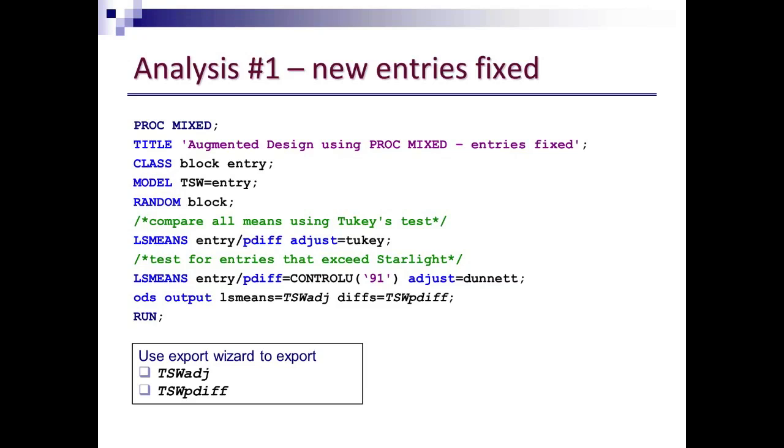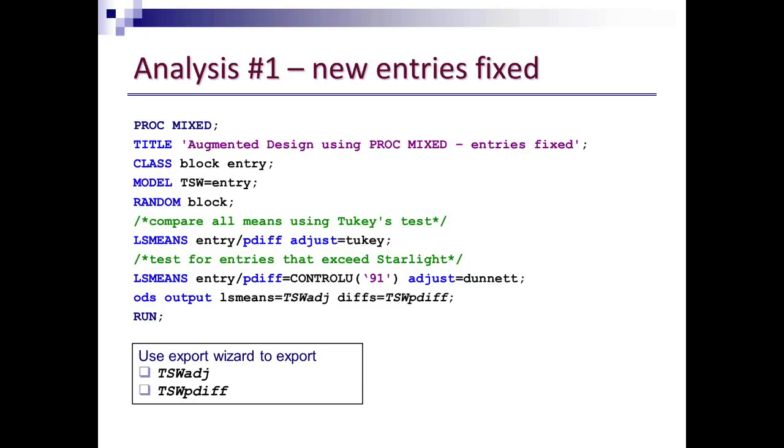Another option, since we are primarily interested in comparing the new entries to Starlight, which was entry number 91, is you could use the control upper statement, and in that case I'm essentially doing a Dunnett test because I want to compare everything to the control. So to control the experiment-wise type 1 error, I use the Dunnett adjustment.